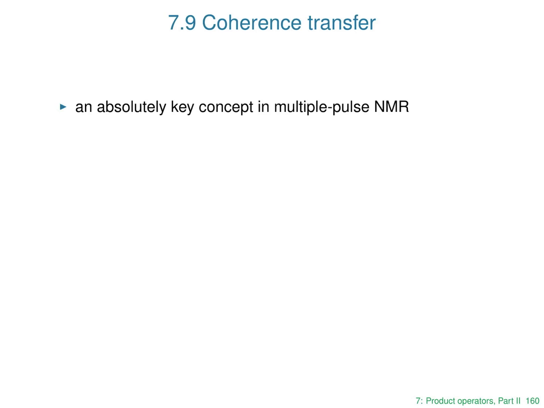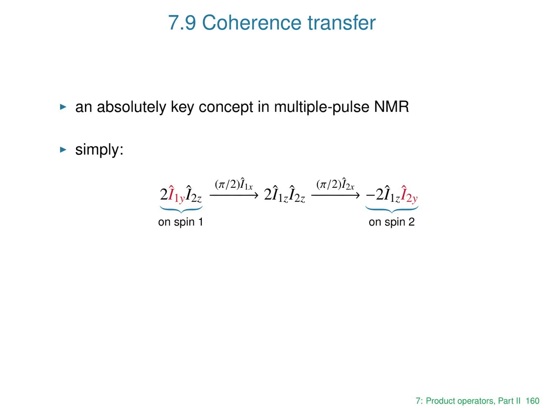Now, we talked about antiphase terms, and I said they were key, and the reason they're key is that these antiphase terms are the terms that get involved in coherence transfer, as it's called. And you can just illustrate this very simply. Suppose you have an antiphase term 2I1Y I2Z, and then you apply a 90-degree pulse to both spins.